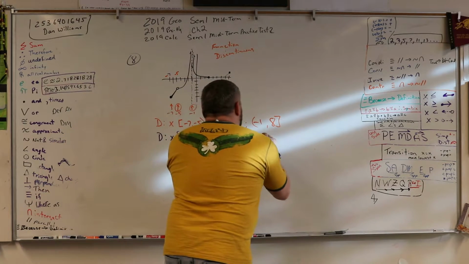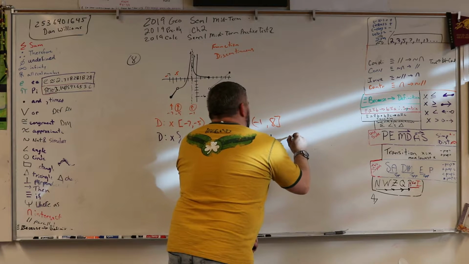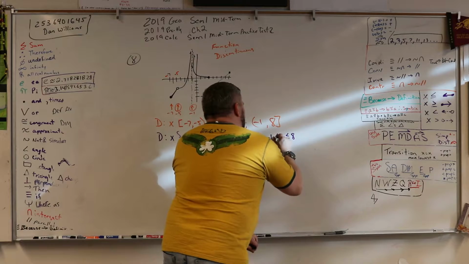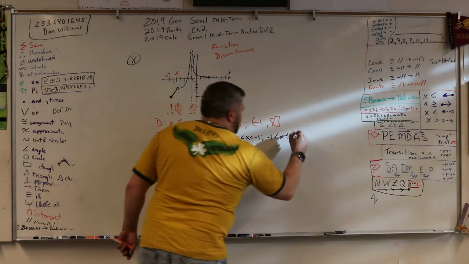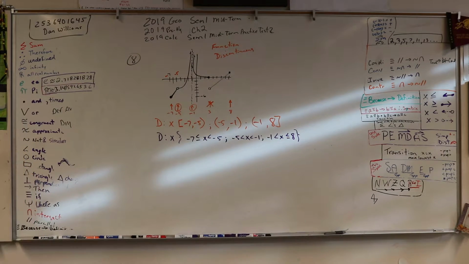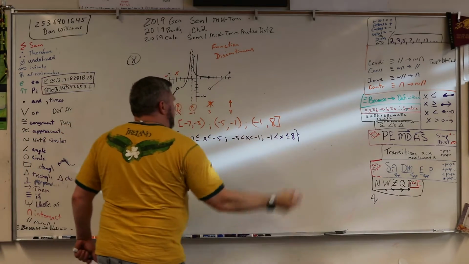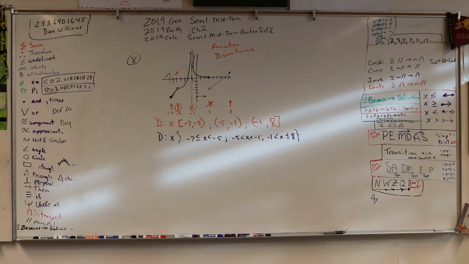And then colon, and again, -1 and 8, and this would be X, and then less than or equal, but this one would just be less than. So that is a way to do it just with basic notation, okay? So this is bracket notation, this is basic notation. And that's for the domain, okay?